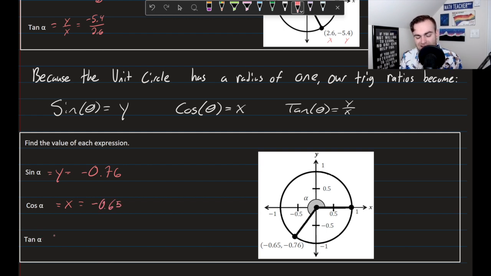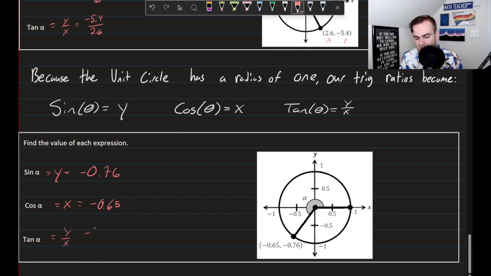And tangent is still y over x. It doesn't really get simplified, but it's the same, so that's always nice. Negative 0.76 divided by negative 0.65. Negatives would cancel. That would leave us with, I'm going to go with 76/65, mainly because I like to have integers in my denominator.